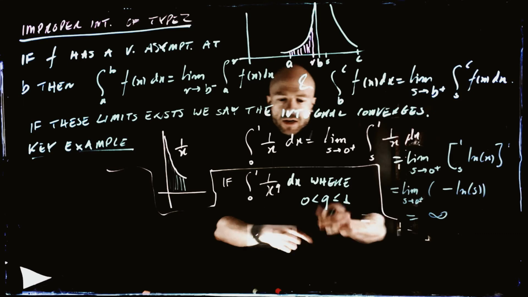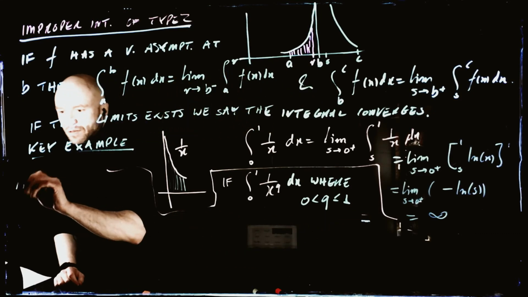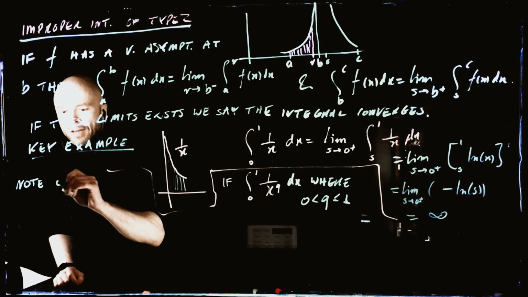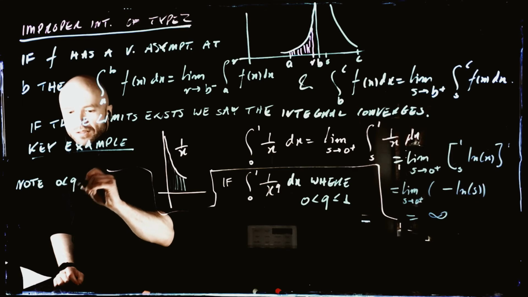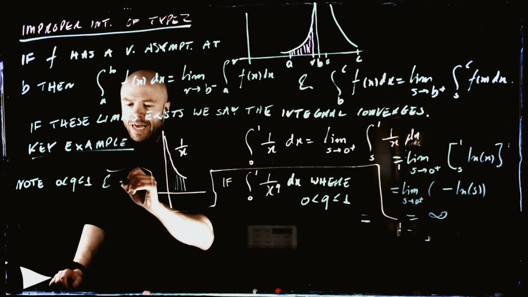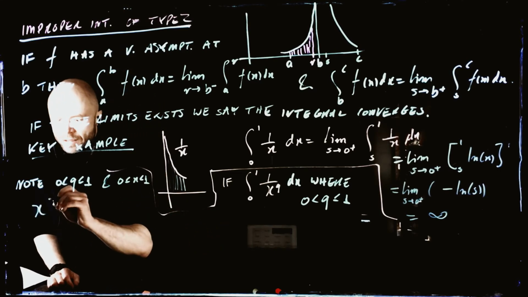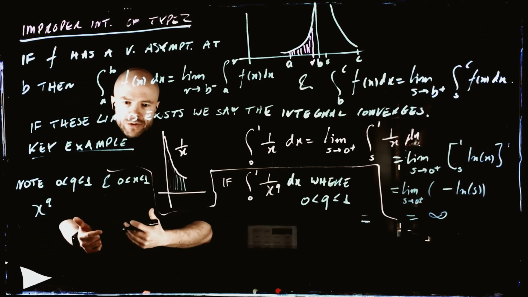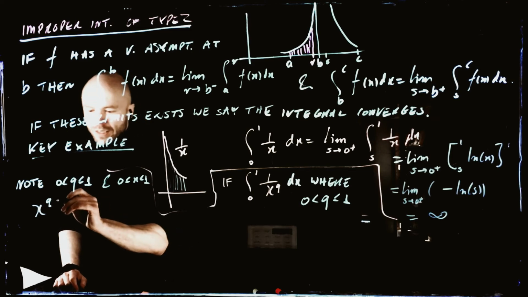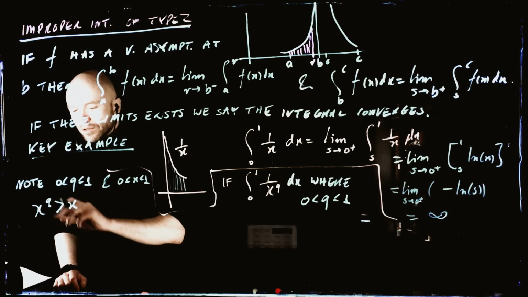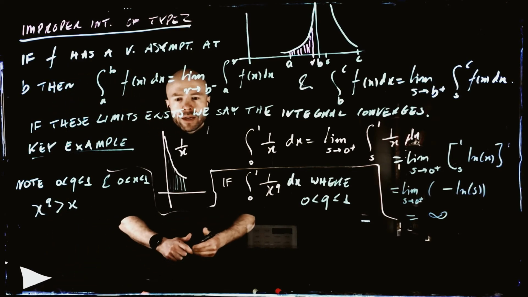Because if we have q between 0 and 1, and x between 0 and 1, then x to the q is a root power of x, so it's actually going to be bigger than x.